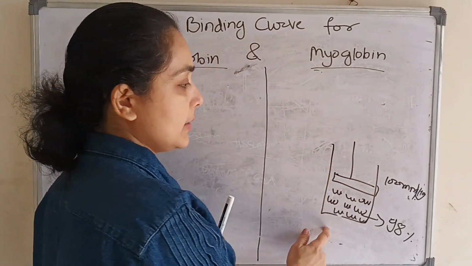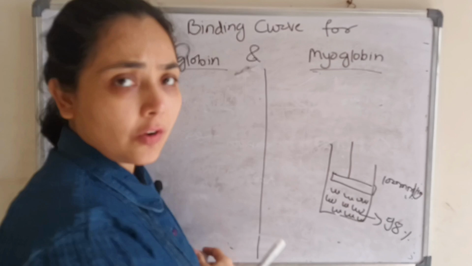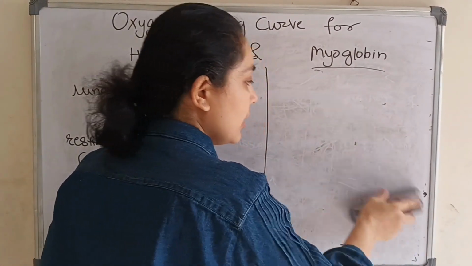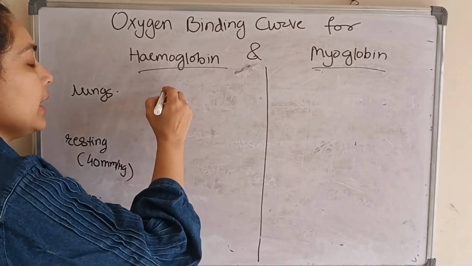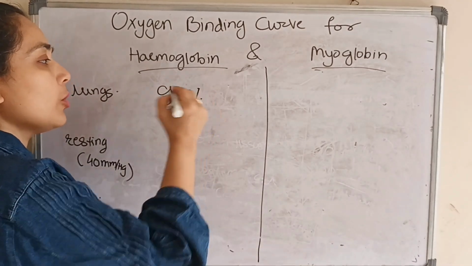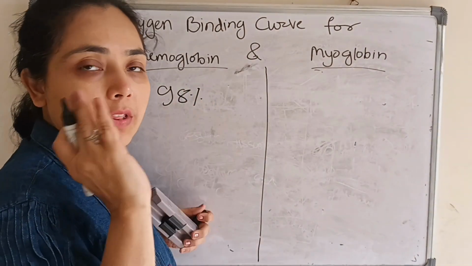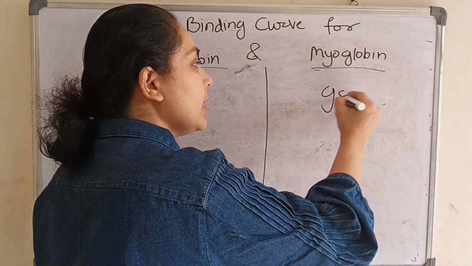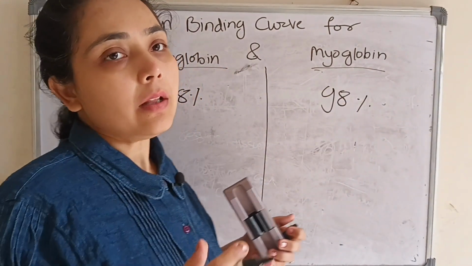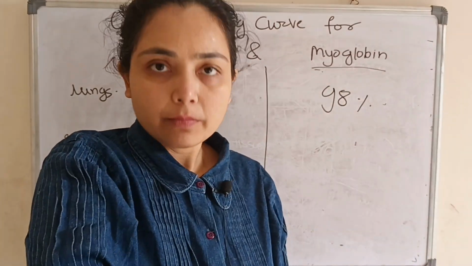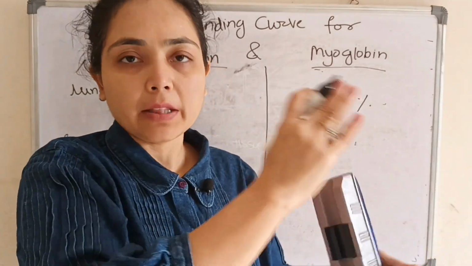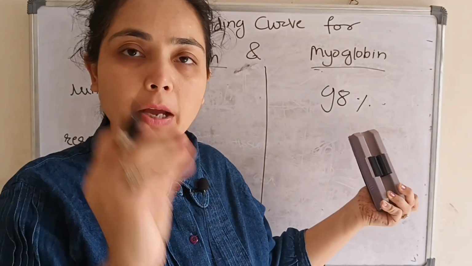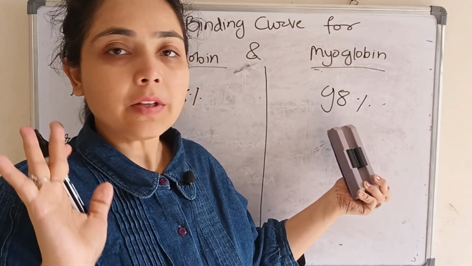So in the lungs, when the partial pressure of oxygen is 100 mm of Hg, 98% of hemoglobin is fully saturated with oxygen, and even the myoglobin also, 98% of the myoglobin under the full partial pressure of 100, means in the lungs, is also fully saturated with oxygen.